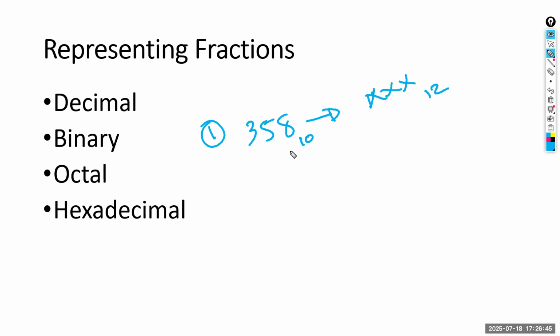Now, when you convert to base 2, you keep dividing by 2. When you convert to base 8, you keep dividing by 8. When you convert to base 16, you keep dividing by 16. So you must know what to do if you want to convert to base 12. That is called intelligence.